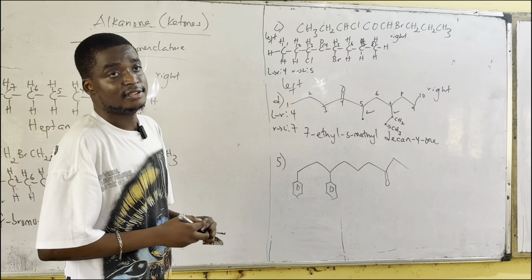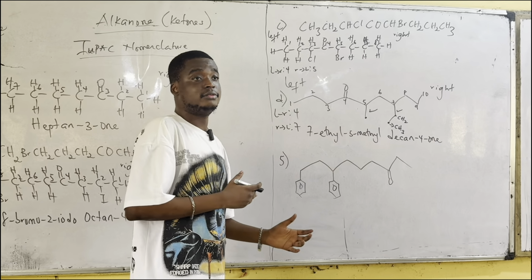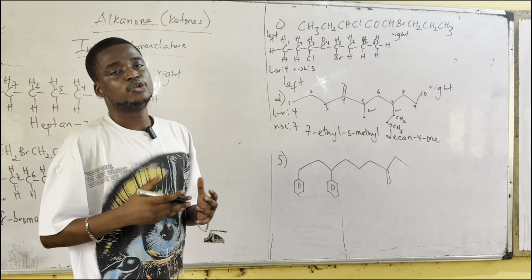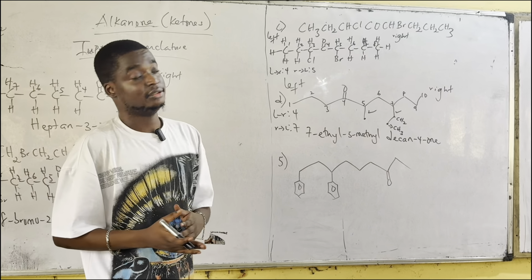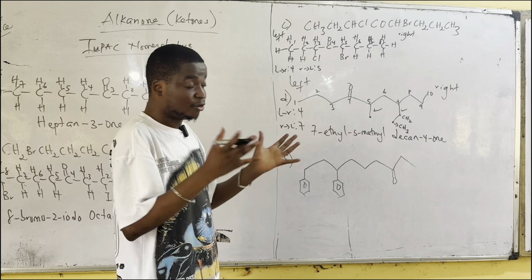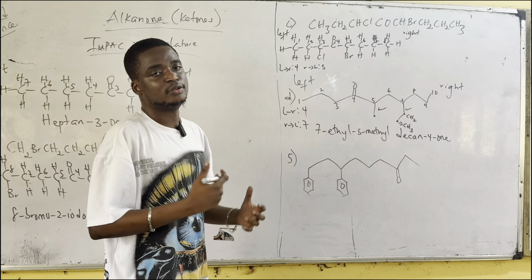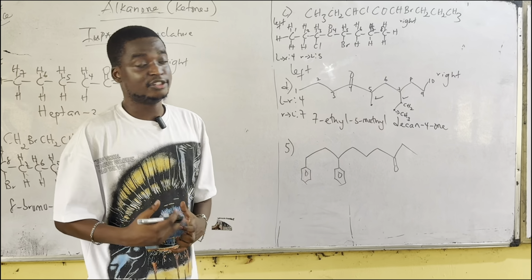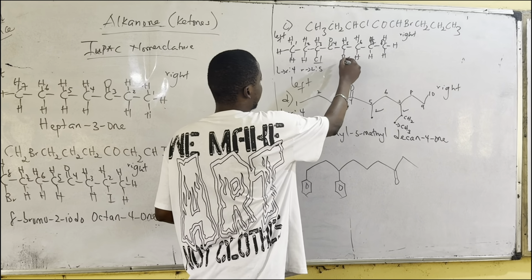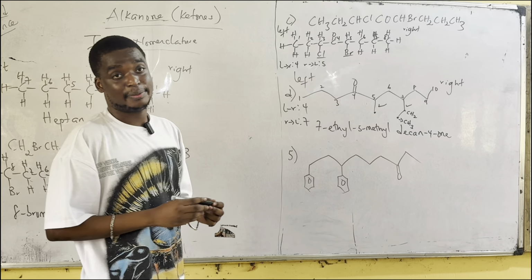The next thing we'll do is to check for groups that are not carbon, hydrogen, or oxygen, or groups that are not part of the longest chain. There is no carbon structure here that is not part of the longest chain. So our focus will be on groups that are not carbon, hydrogen, or oxygen. We can see here we have chlorine and bromine attached to carbon 3 and 5 respectively.